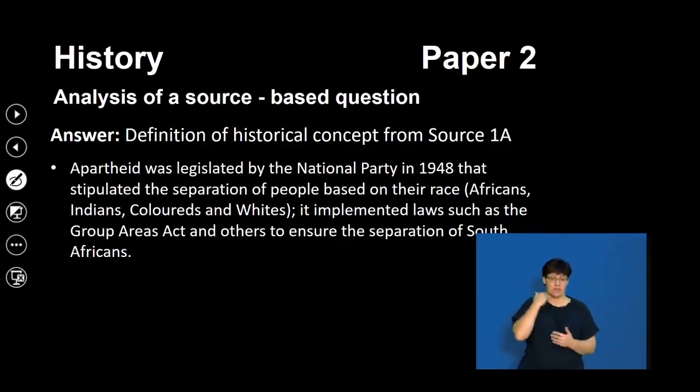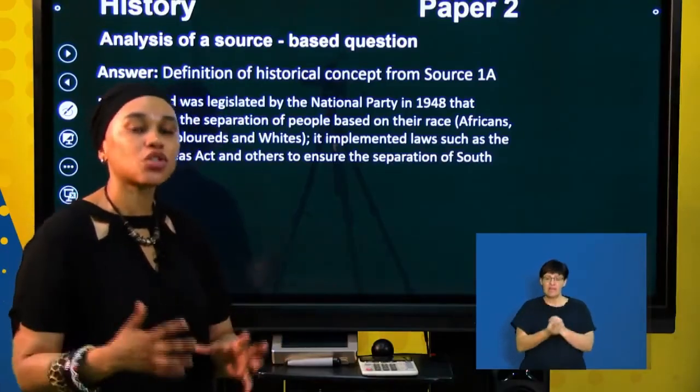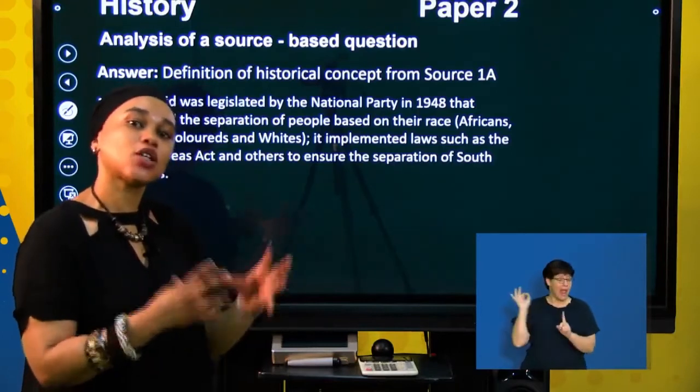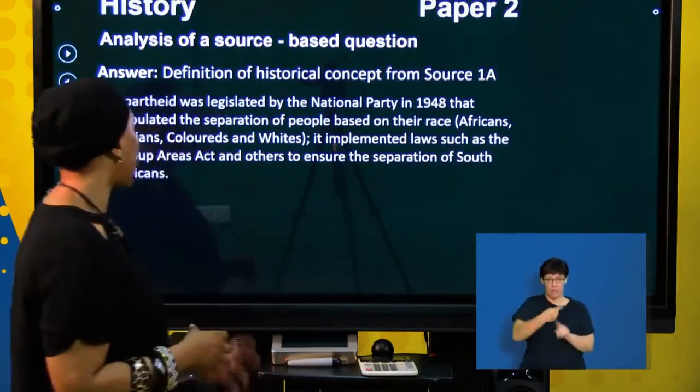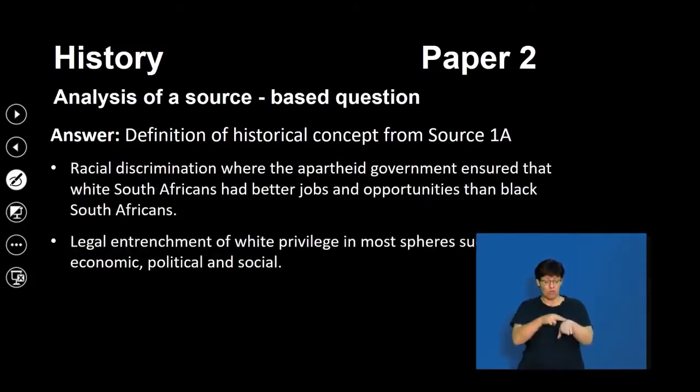It implemented laws such as the Group Areas Act. So when you're defining concepts, it does help to give some examples to show exactly that you understand what the content was about, such as the Group Areas Act and others to ensure the separation of South Africans.